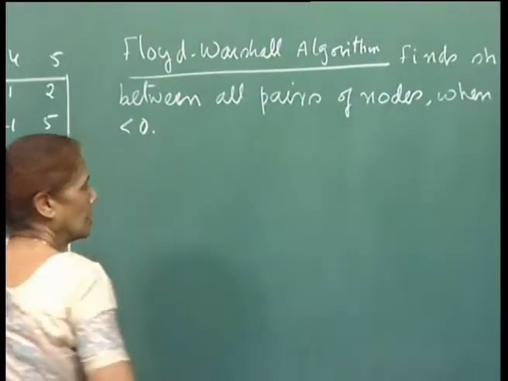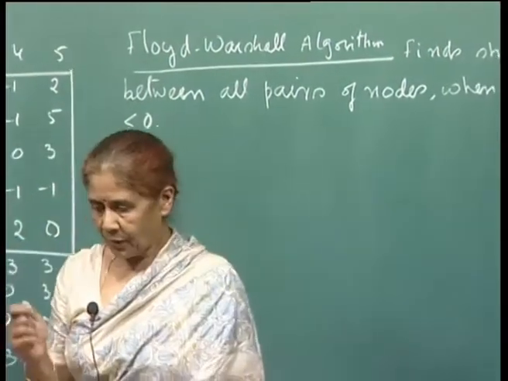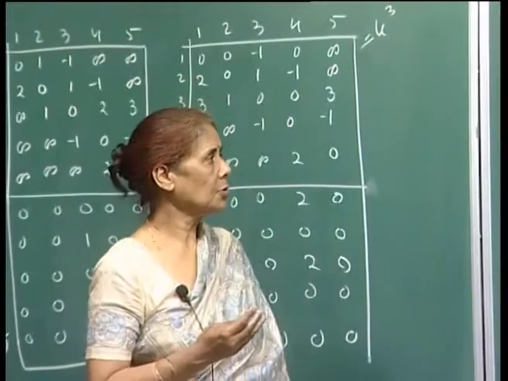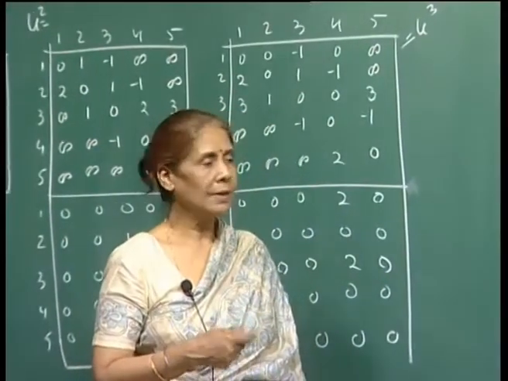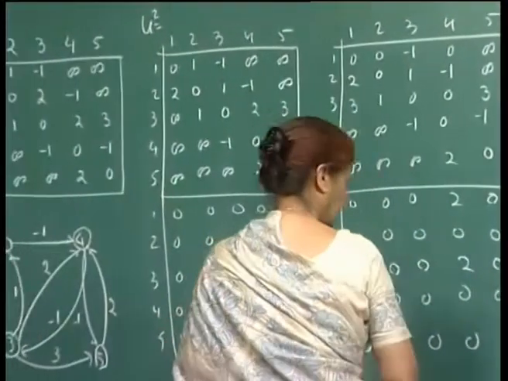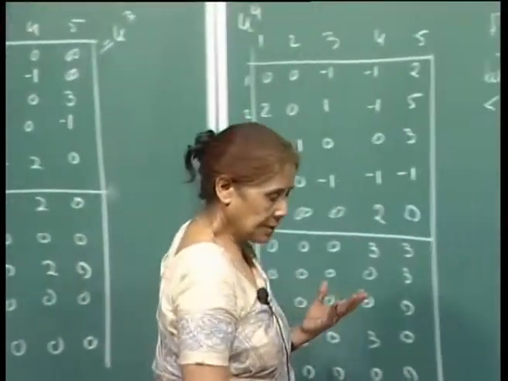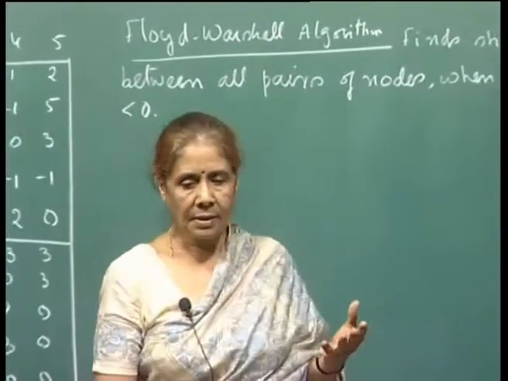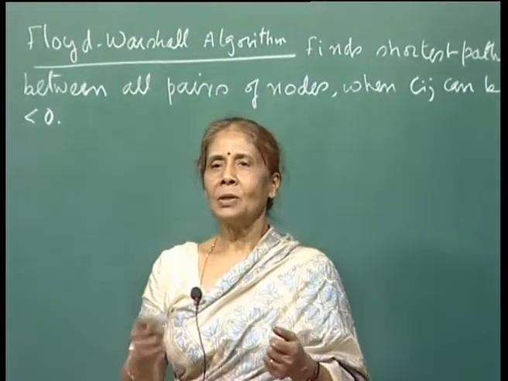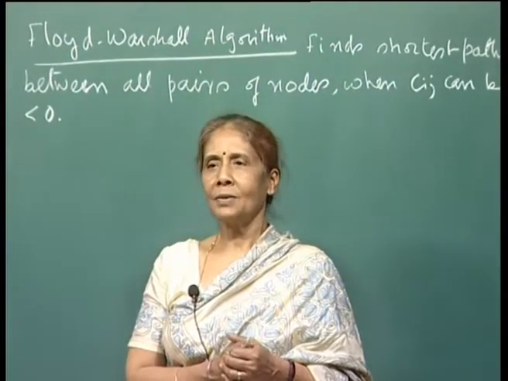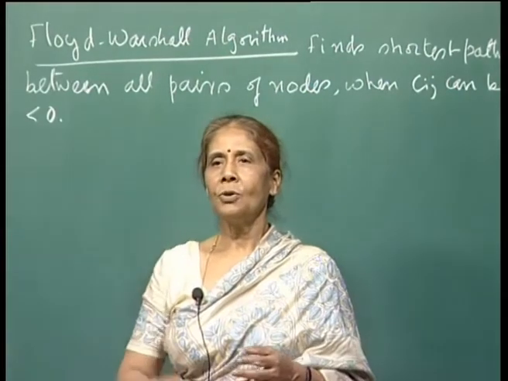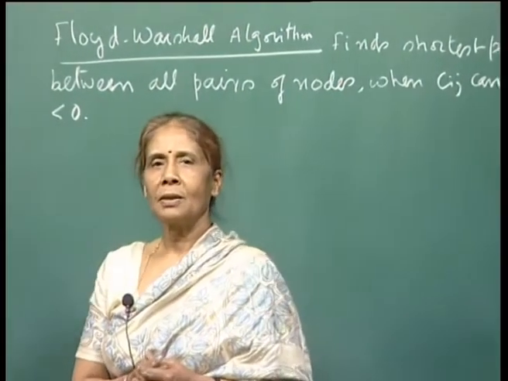right. But then again when you have negative Cij's, it is possible that you may have negative cycles in the network, right. Once there is a negative cycle present in the network, then the shortest path length has no meaning, because I can go on traversing the negative cycle as many times as I want, and I can go on reducing the shortest path length.